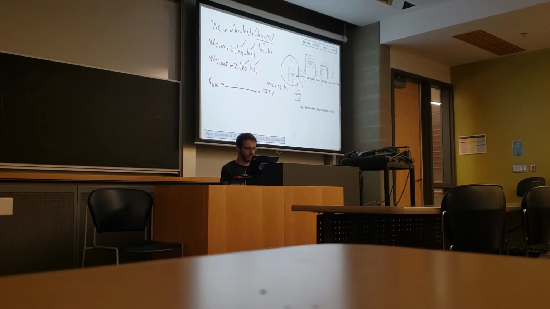For the compressor, it's 222.14, and for the turbine, it's 662.52? 662.86. Right, like this? Yeah. Okay.